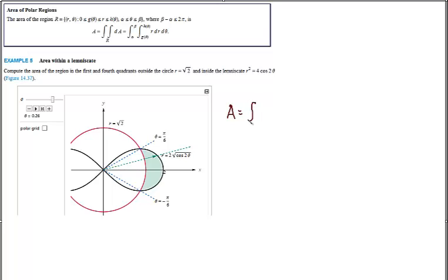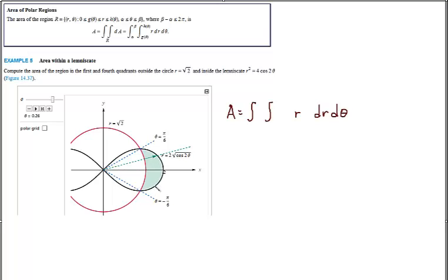Now I've got to figure out my limits of integration, and I'm just going to have r d theta. So let's see if we can get our limits of integration. They've drawn for you the area that you're looking for.